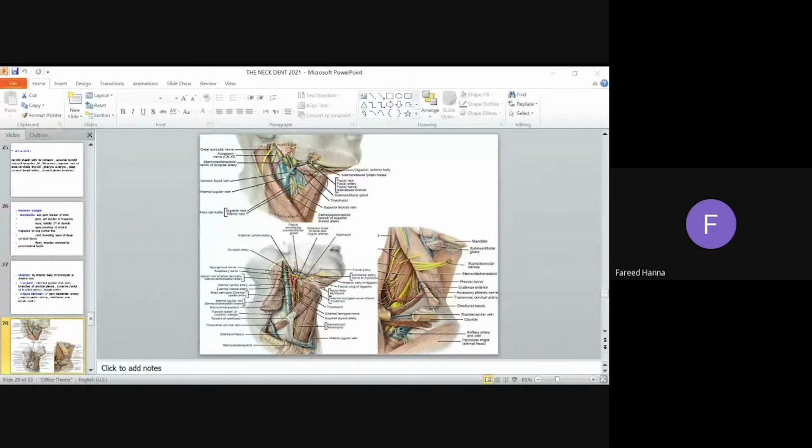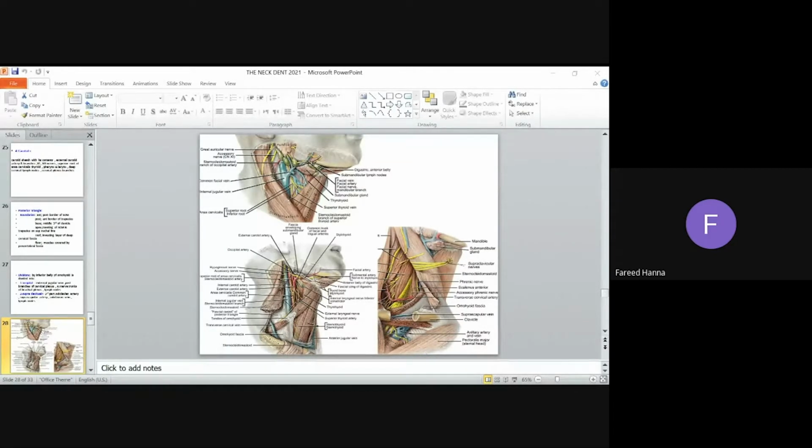And in the upper part is the hypoglossal nerve with the branch of the ansa cervicalis. This is the ansa cervicalis, the nerves which pass anterior to the internal jugular vein. It also contains the upper deep cervical lymph nodes, which have been removed from this slide. So this is the carotid triangle with its contents.